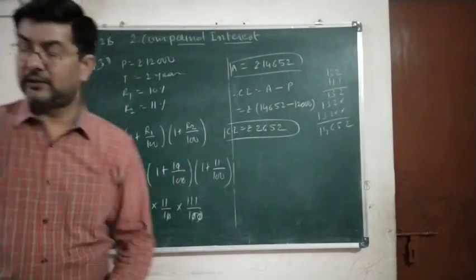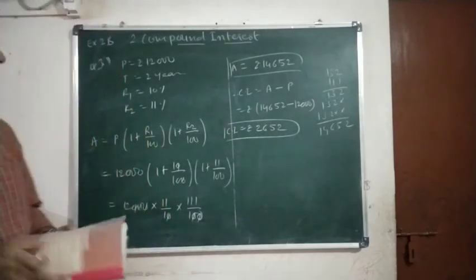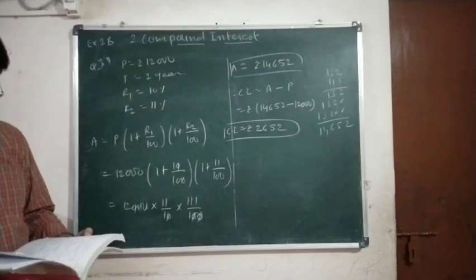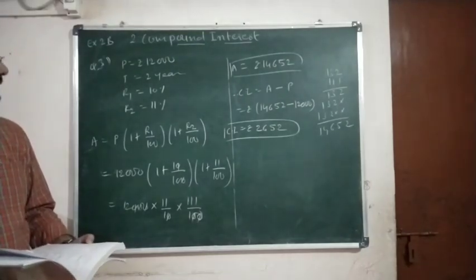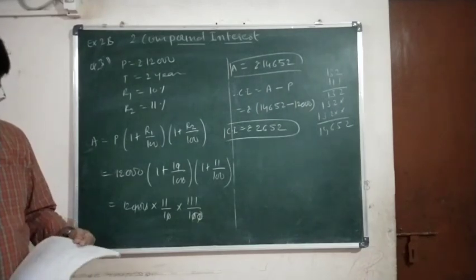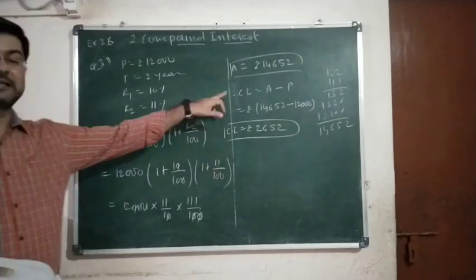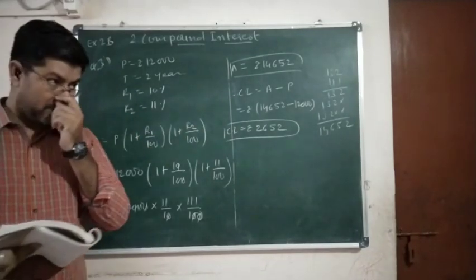So amount is 14,652 and the compound interest is rupees 2,652. Only we had to find the amount. This is an extra step. CI was not told to find, but yet we have calculated, no problem.